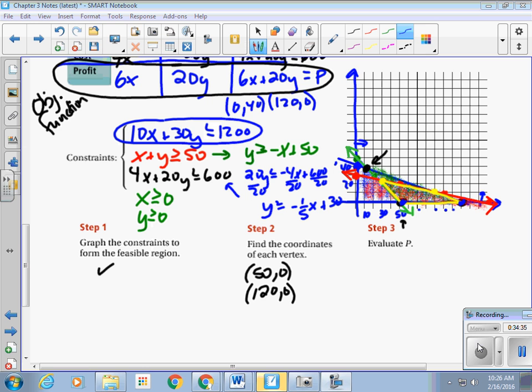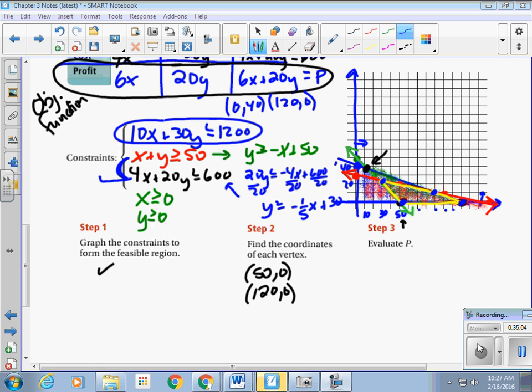We now have this vertice here, which is where these two lines intersect. And we have this vertice right here, which is where this line and the green line intersect.